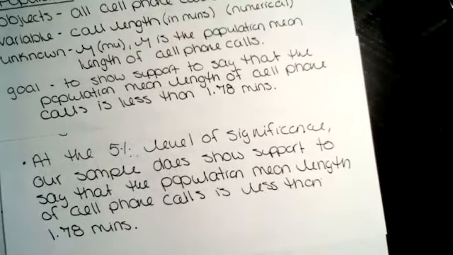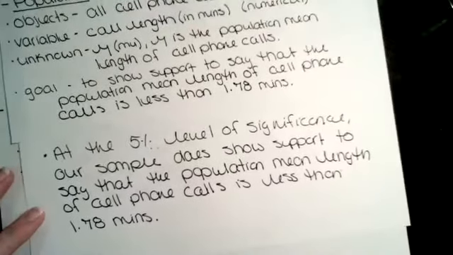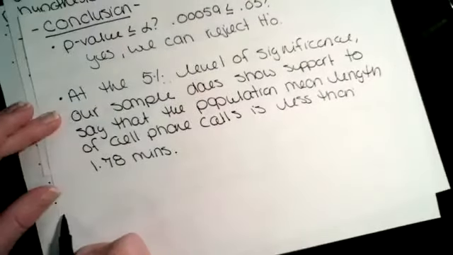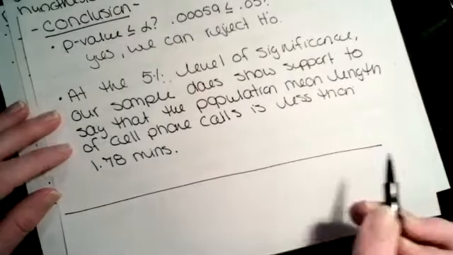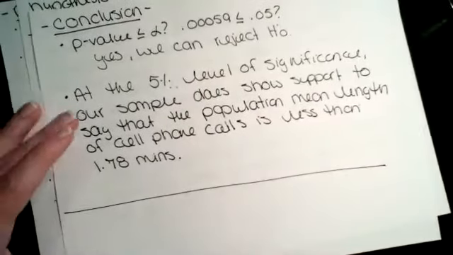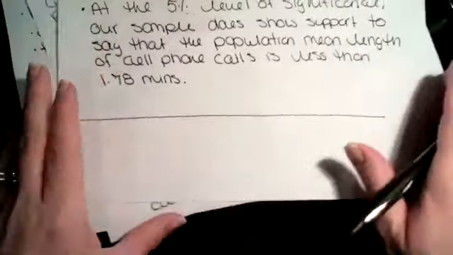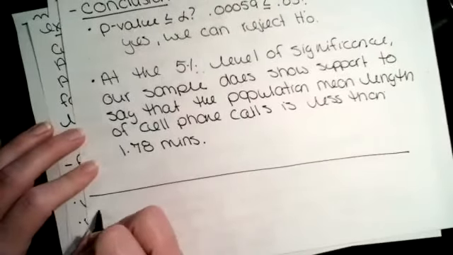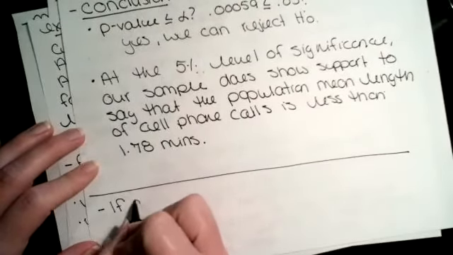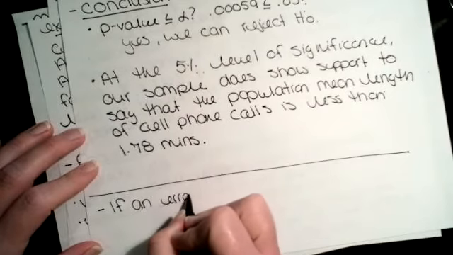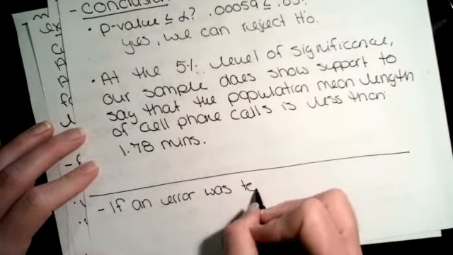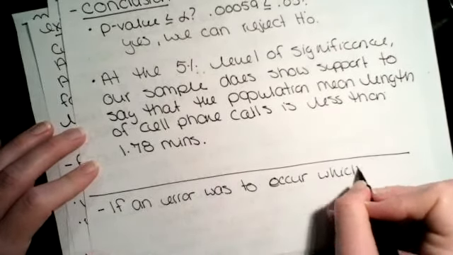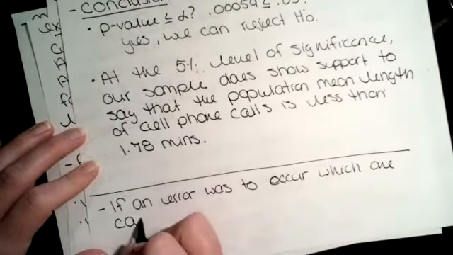Okay. Now, I want you to realize that there may be a follow-up question, but there's not always a follow-up question. So it would be completely separate. I never want you to tack on anything automatically about a possible error. You wait for it to be asked. So the question could say, if an error was to occur, which one could it be?